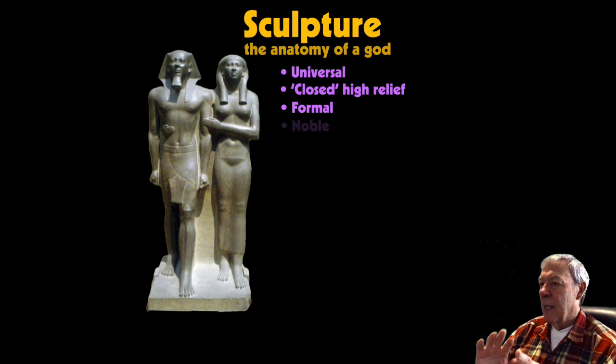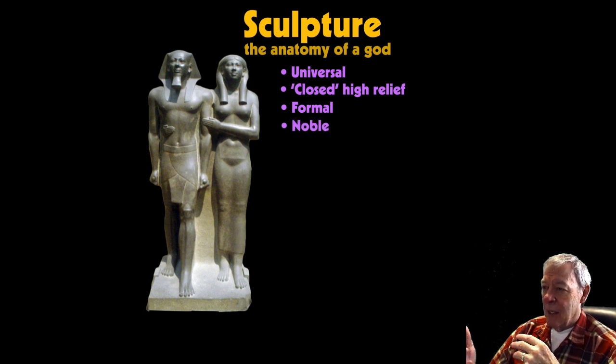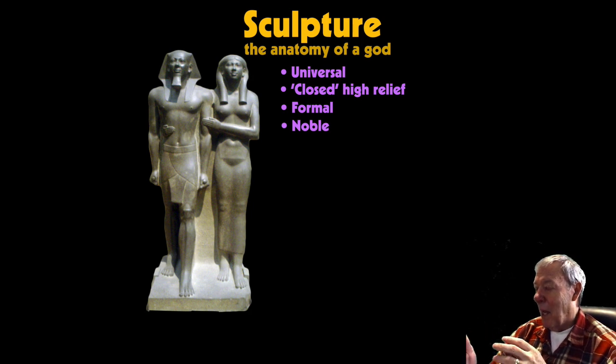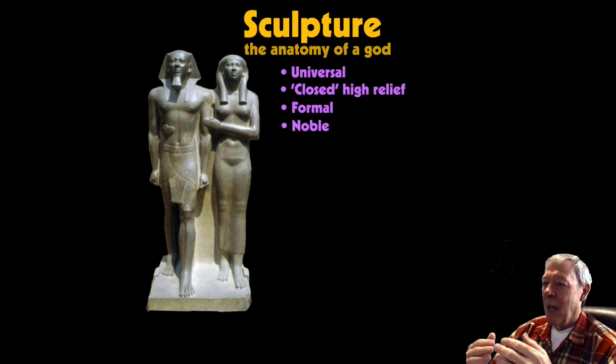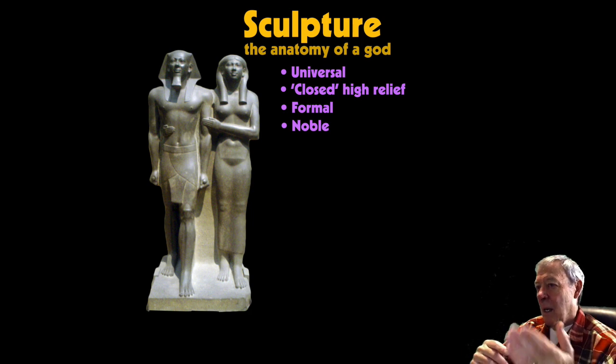And there's a nobility about the figures, okay? That is unquestionable. These are not people of low class, for certain. There's a nobility about them, and their very demeanor and aspect bespeaks that.